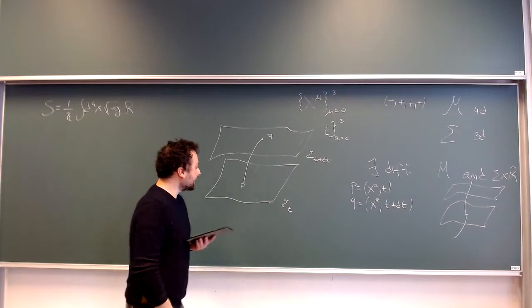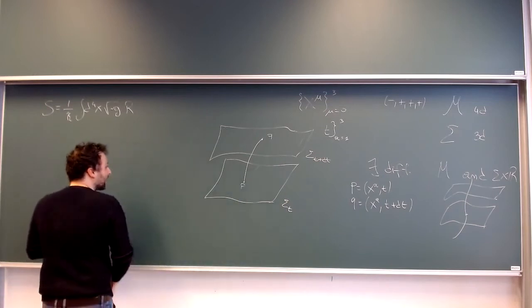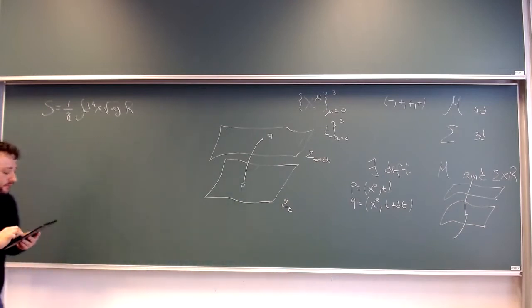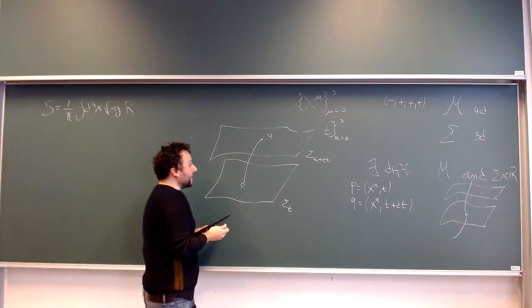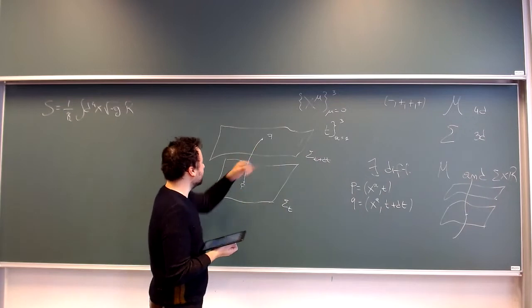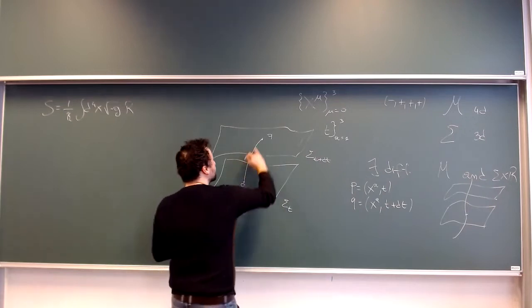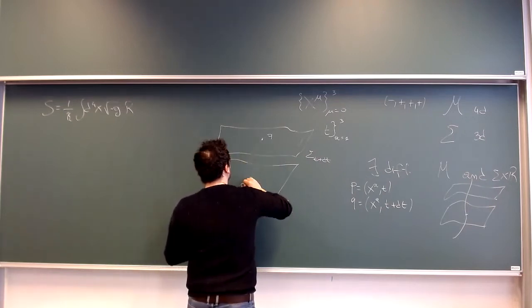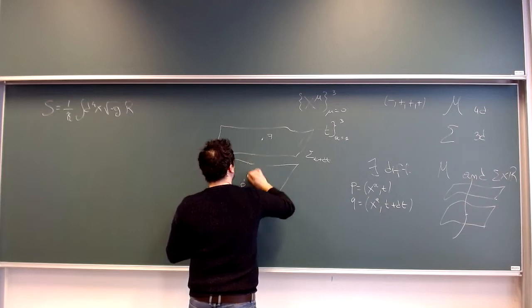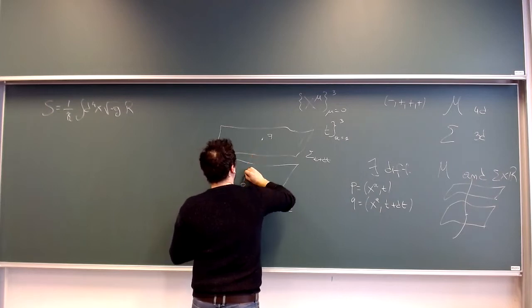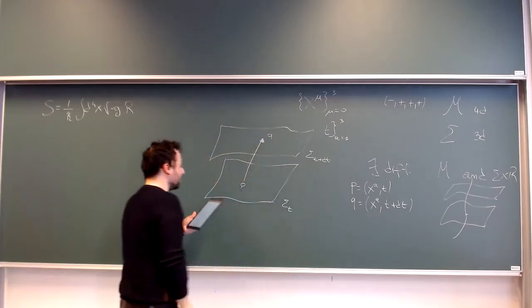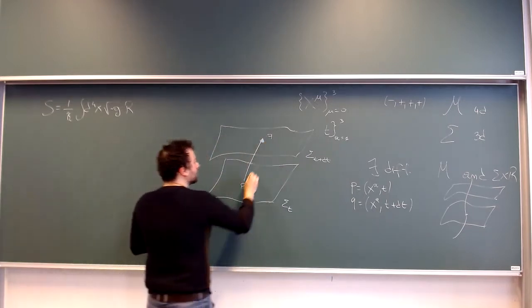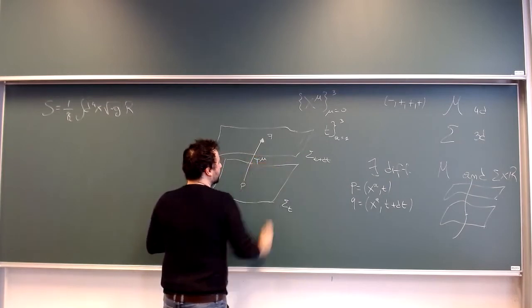So from this we see that, now I drew it as a curve. Maybe it's better to do it separately, because it's small, and we call this quantity, this vector here, t^mu.